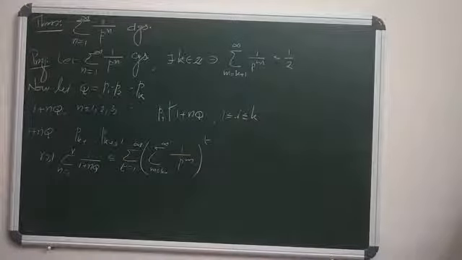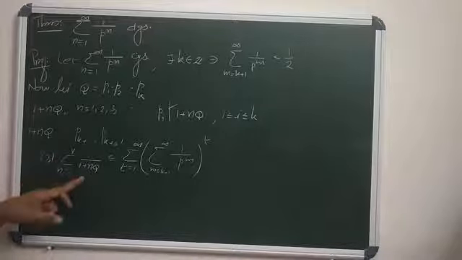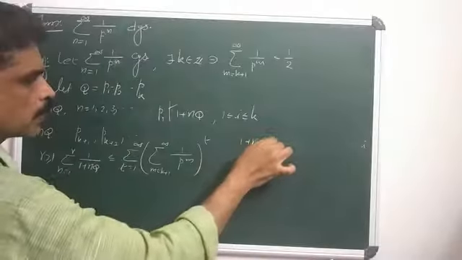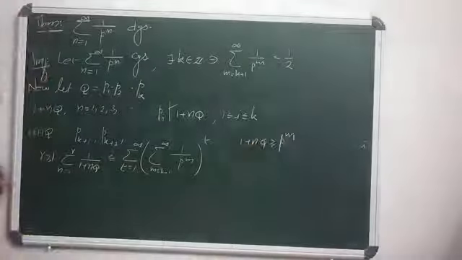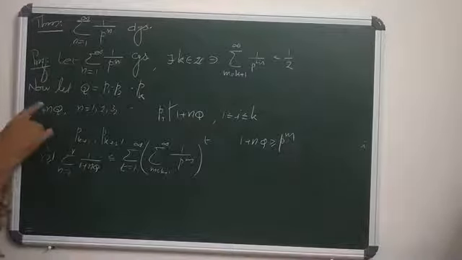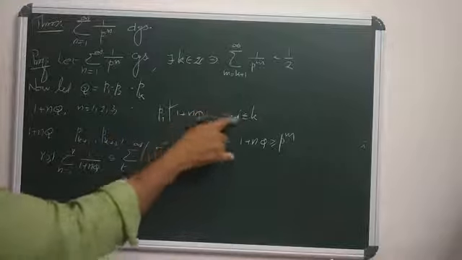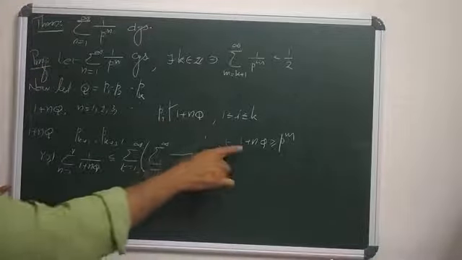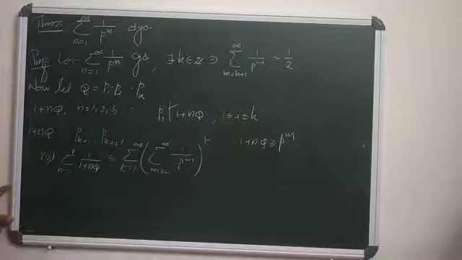Why? Because what is 1 plus NQ? Since Pi doesn't divide 1 plus NQ for i ranges from 1 to k, this 1 plus NQ is always greater than or equals p power m.